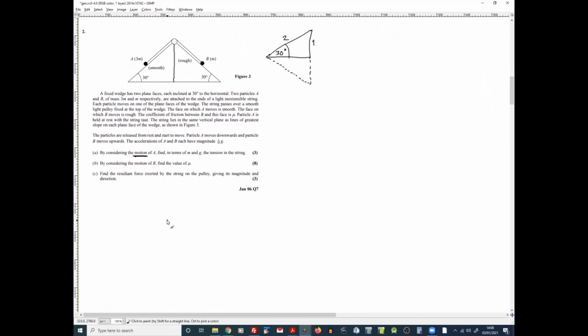I don't know. It's only 3 marks though. The meat of it is part B. So I'm surprised if we have to think about friction yet. Maybe you're right that it's just a suvat as opposed to an equation of motion.